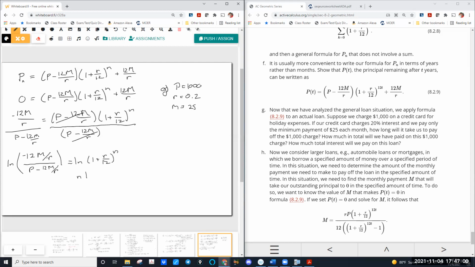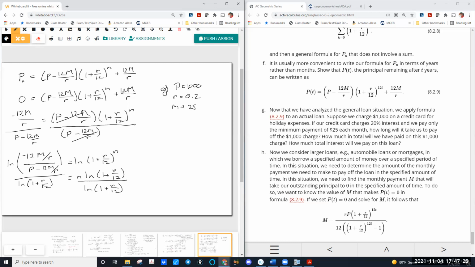So I have n times natural log of 1 plus r over 12 on the right-hand side. So I divide by that, and I get that over ln of 1 plus r over 12.